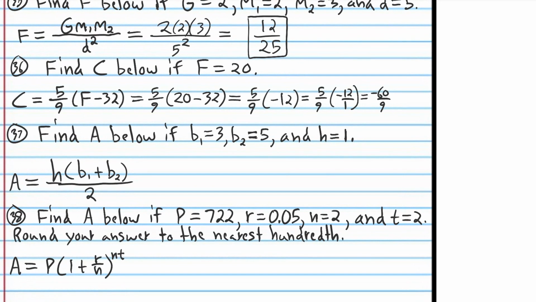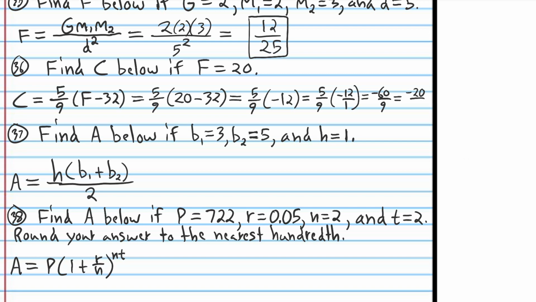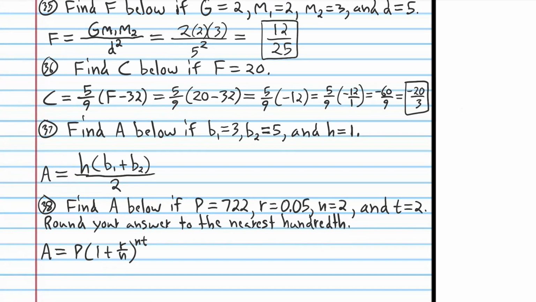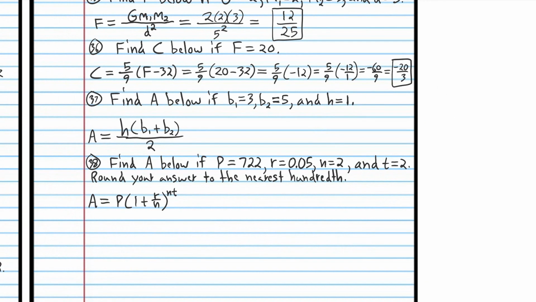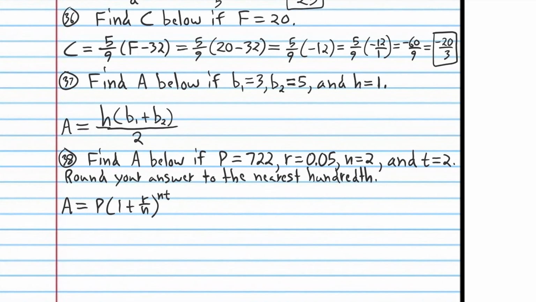All right, so we can divide both those numbers by 3. Negative 60 divided by 3 is negative 20. And 9 divided by 3 is 3, so we get negative 20 over 3.